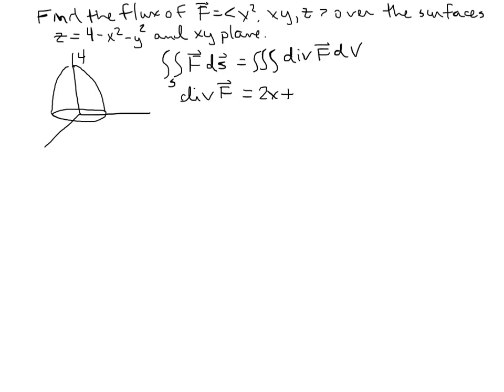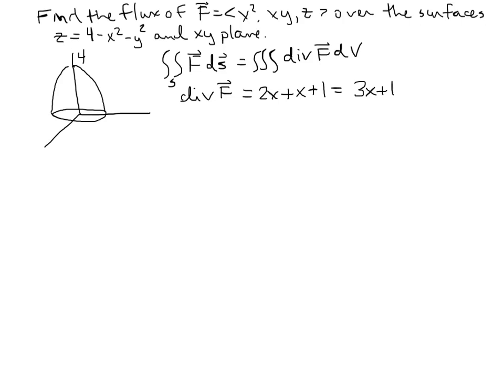Add to it a partial of the y component with respect to y, and that derivative is x. And a partial of the z component with respect to z, and that is just 1. So we get 3x plus 1.